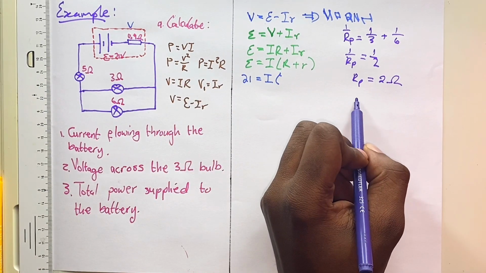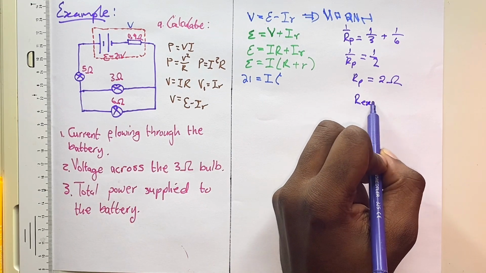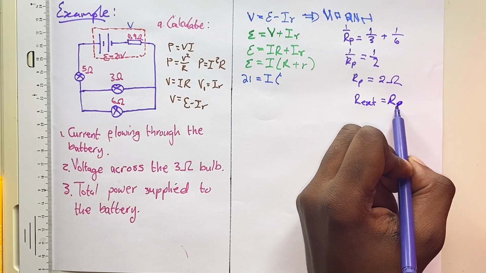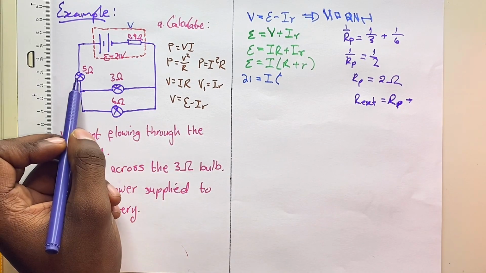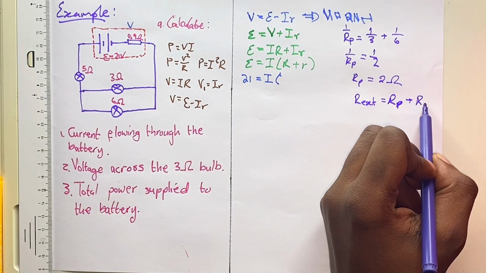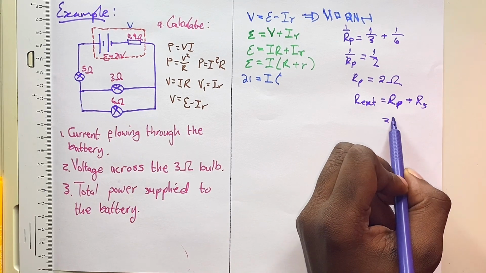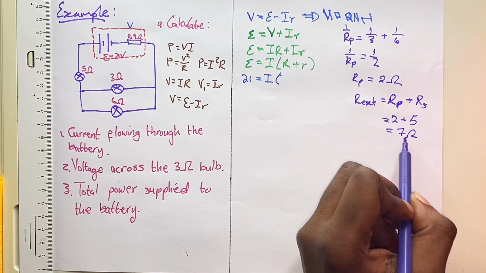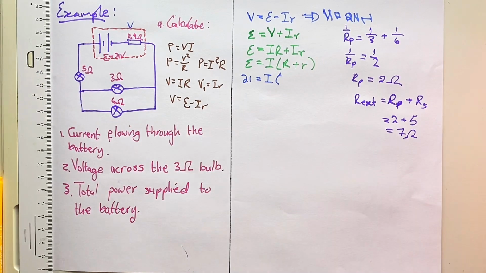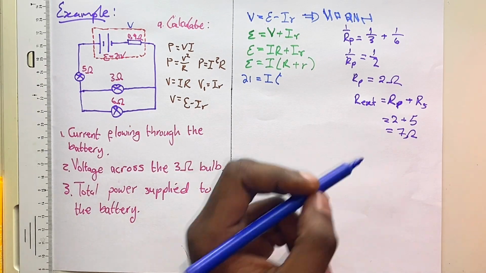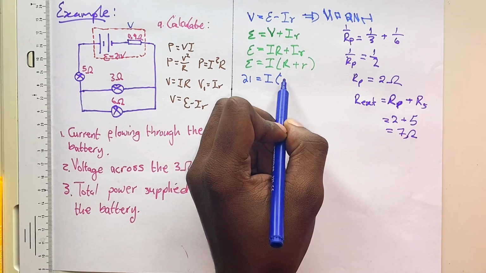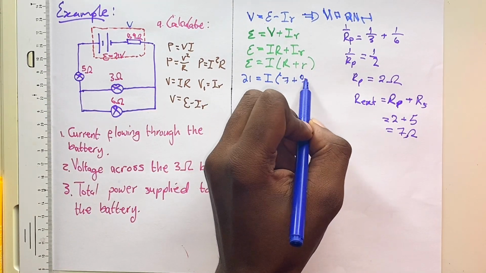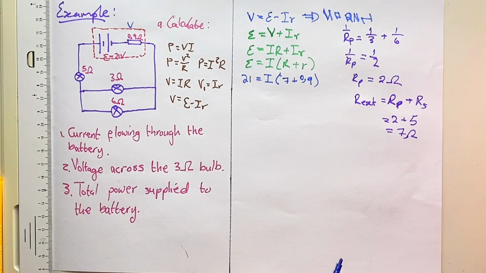Now, to find the total resistance, the external resistance, we need to take the resistance in parallel and add up the 5 ohm resistance. So that will be 2 plus 5 ohm, which gives us 7 ohm. So here our total external resistance will be equal to 7 plus our internal resistance, which is 0.9.